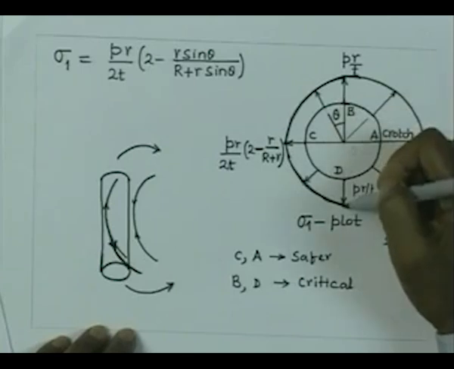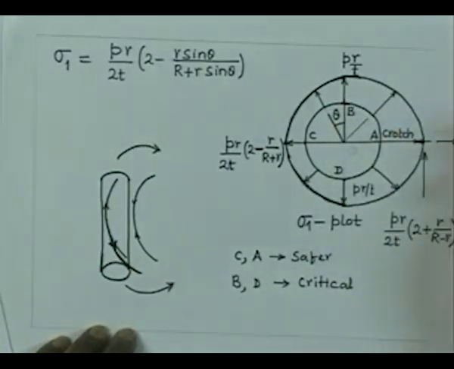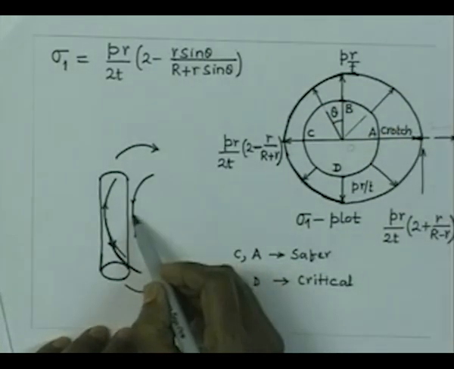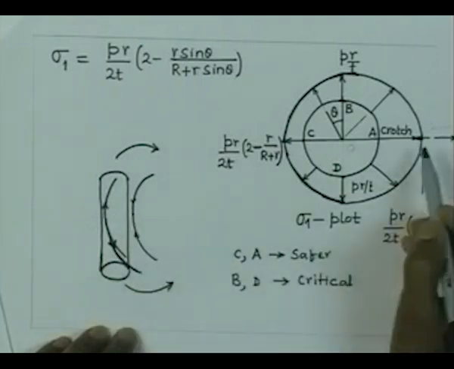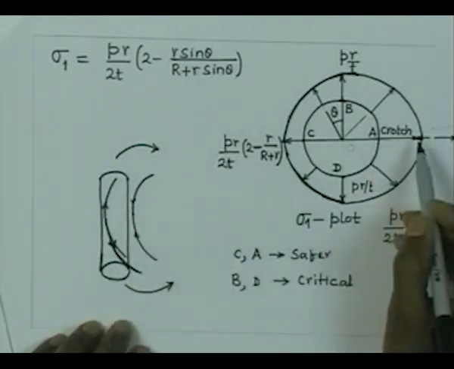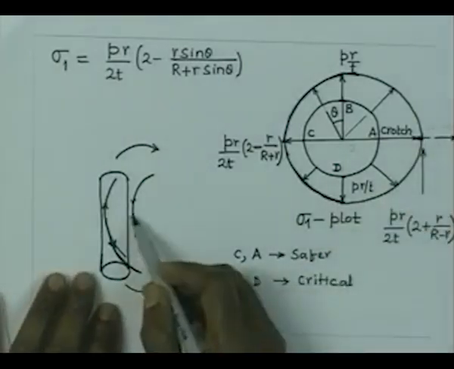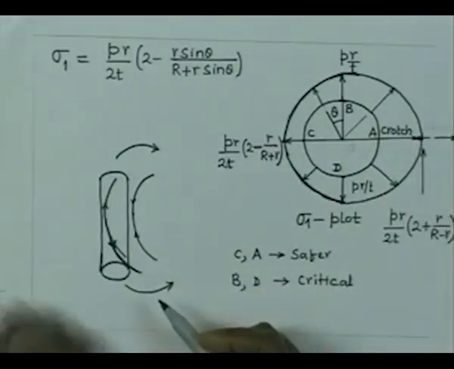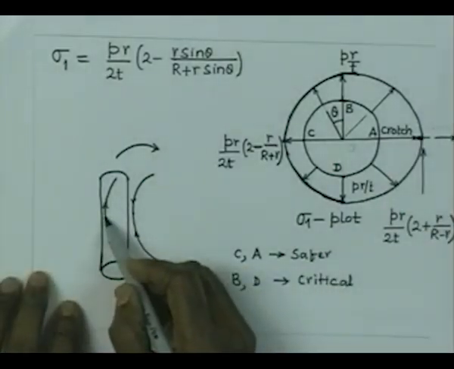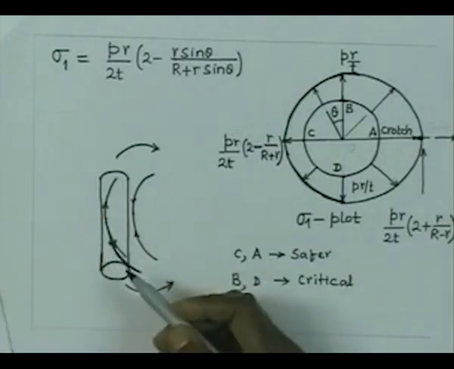It is going to be B and D that are the critical locations. So, the thickening of the wall can take care of the extra stress that is coming up here. Your stress is increasing, but at the same time thickness is increasing. So, therefore, it will take care of it. On the other hand, here the stress is reducing and the wall is also thinning, so it is not a problem at all.